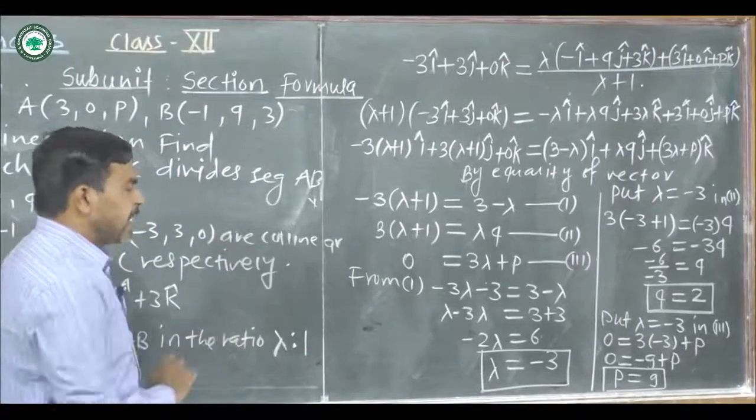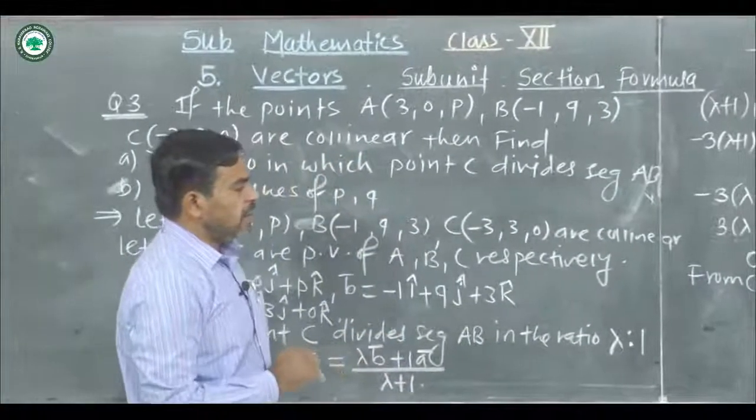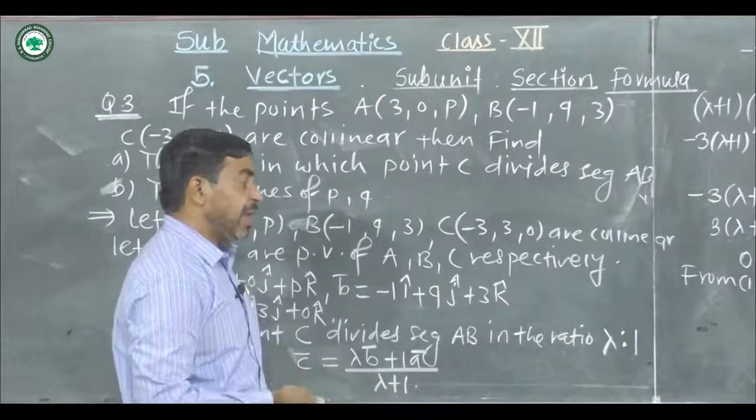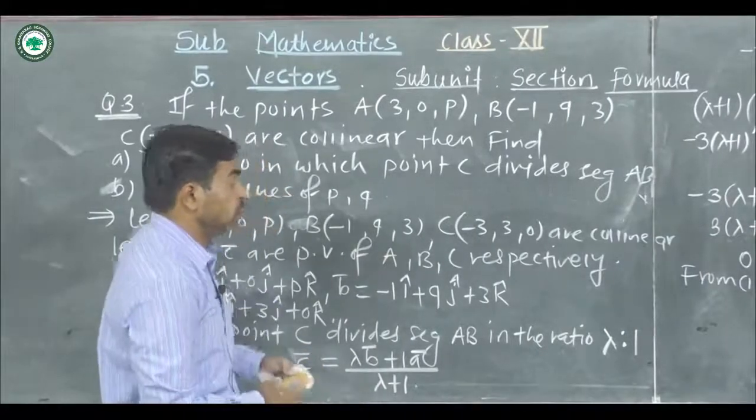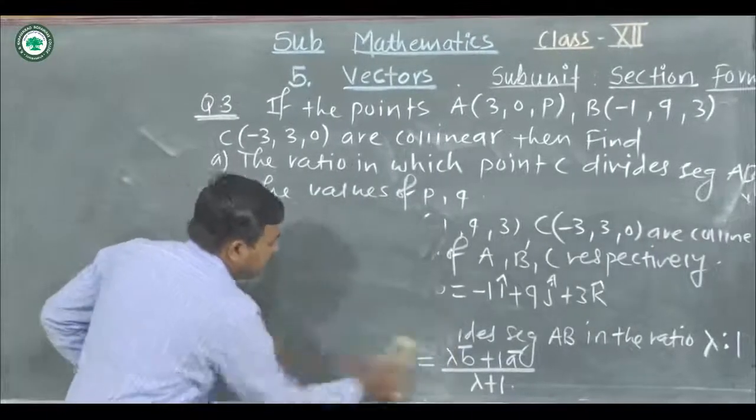Now as lambda is minus 3, the point C divides the segment AB externally in the ratio 3:1. So we have to write one sentence at the last.